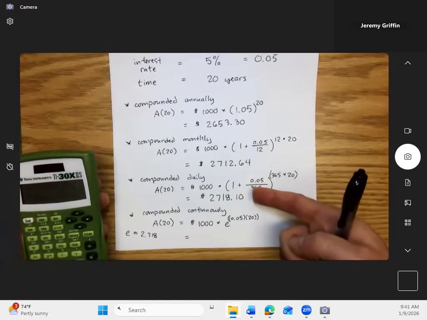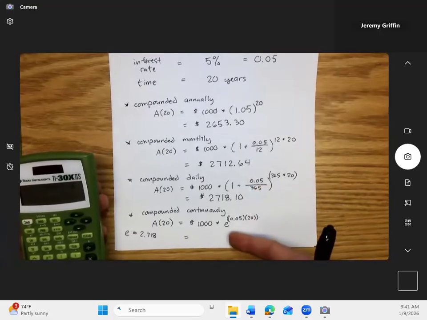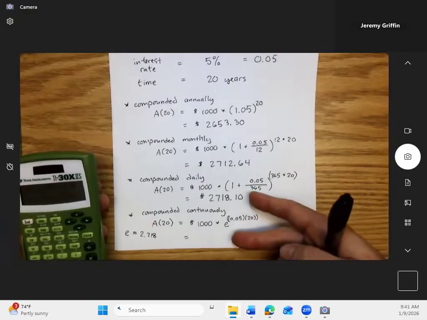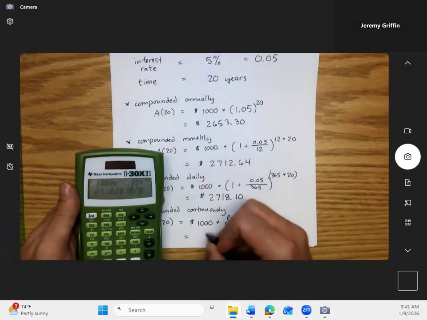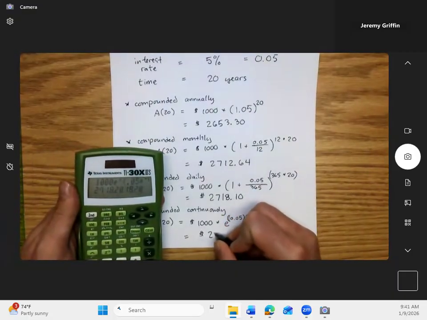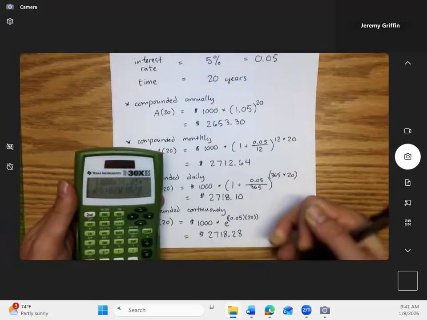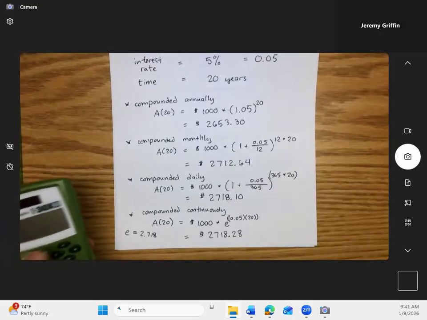So if you compound every single nanosecond, what do you think this is going to be? I bet it's going to be a tiny bit more than that. Let's see. Yeah, look at that. It's $2,718.28. So a little bit more than compounding every day.